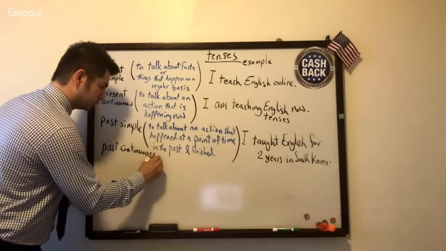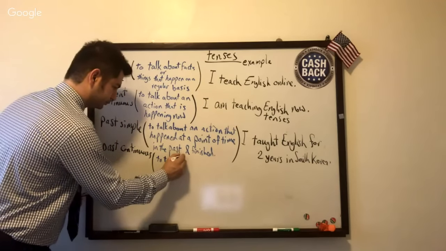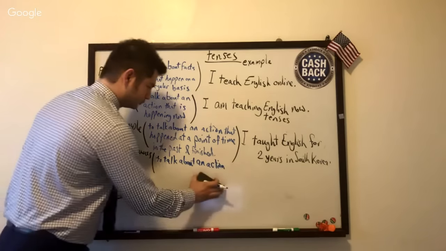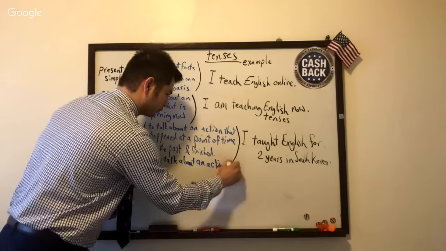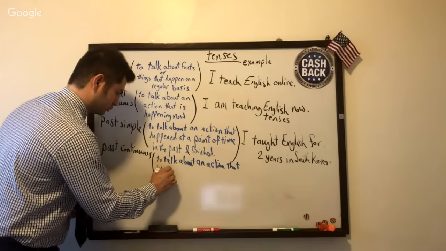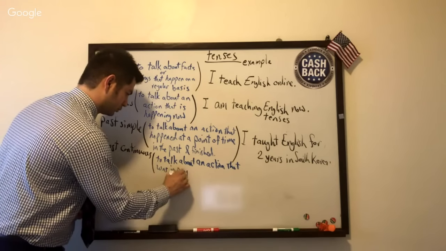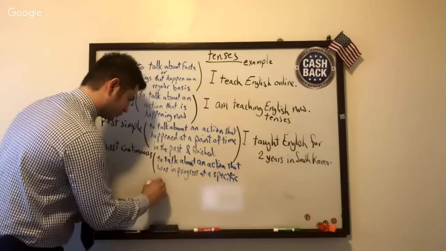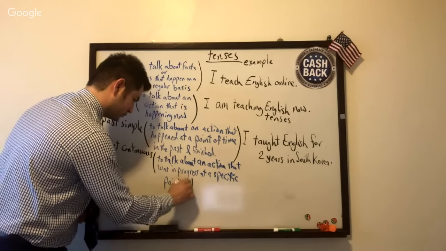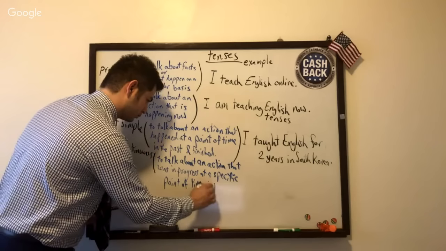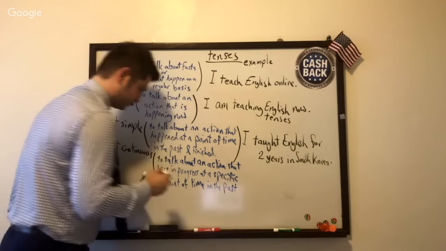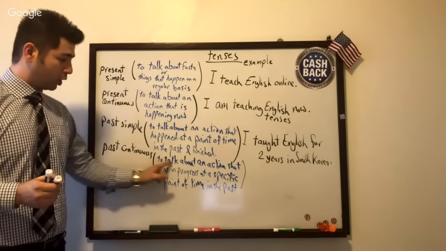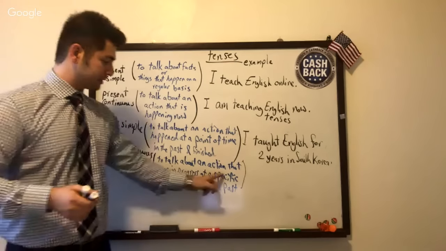We use past continuous to talk about an action at a specific point of time in the past.